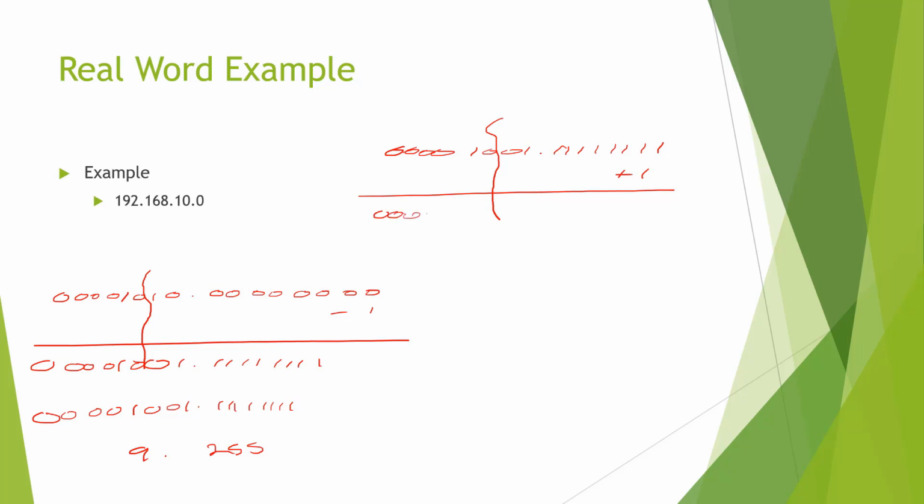These bits all remain the same. The first 0 that we can add to, we will add 1 to, and the rest of the ones become 0. That now becomes, take the number, we convert it, 10.0 in our decimal form.